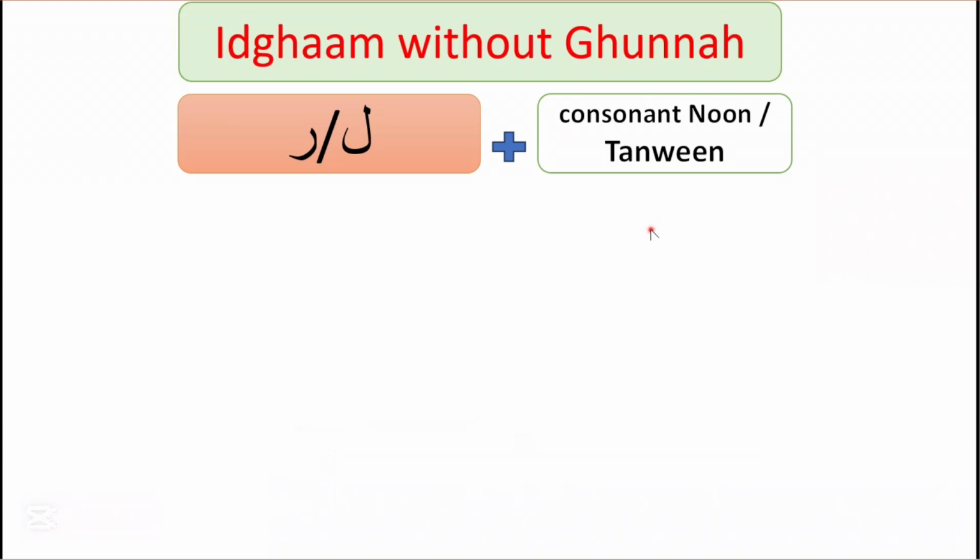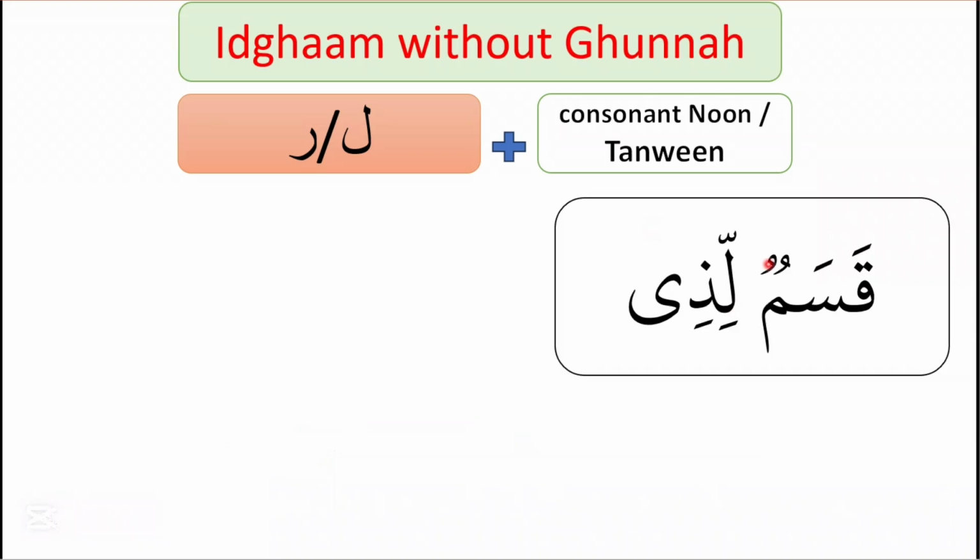Here we have one example for idgham without ghunnah in the case of the tanween, tanween dhamma. Tanween dhamma is written like this, one dhamma near the other, so the dhamma twice. This is a sign to help you know that here you need to apply the rule of idgham.